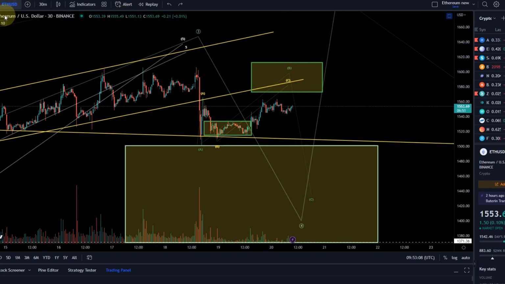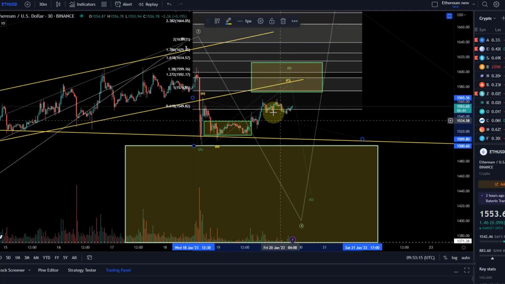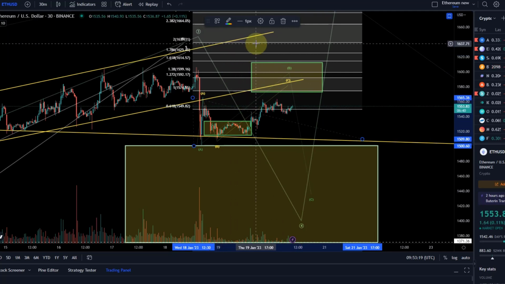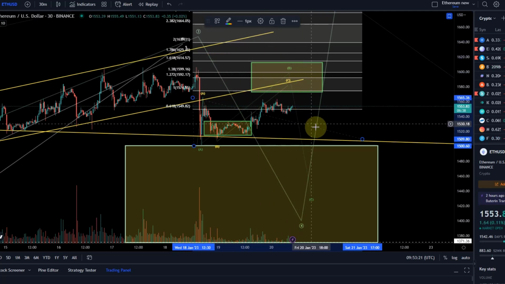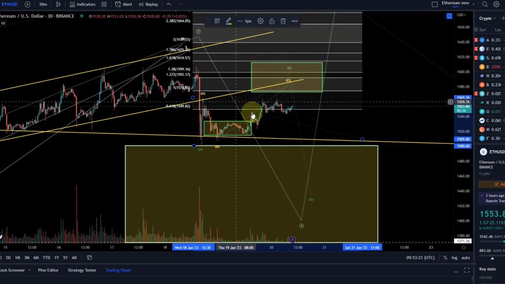Always bear in mind that the very first target for such a C wave is the 61.8% extension. That was already reached, and we're hovering around that fib level at the moment. However, it is one of the targets which you don't see so often. There are really only a few instances in the last year, I think, where I can remember that a C wave really ended at the 61.8% extension.